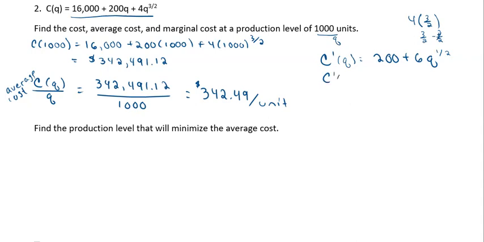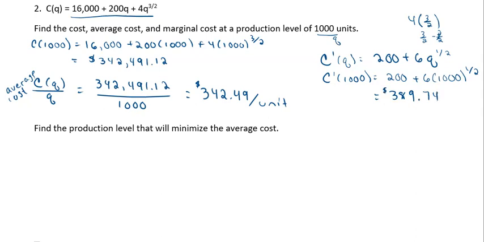So our marginal cost at 1,000 units, so we replace Q with 1,000, would be 200 plus 6 times 1,000 raised to the 1/2. And then if we type all that into our calculator, we get 389.74.